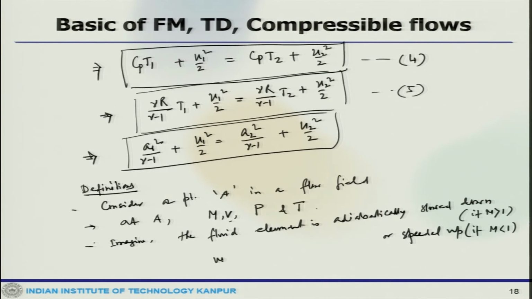So, this is done until M_A is 1. That means, to reach a sonic speed at A, if the upstream fluid is at higher speed, then it has to be slowed down, but it is done adiabatically. If the upstream fluid is at the lower speed, or subsonic, then it has to be speeded up to reach that sonic speed.